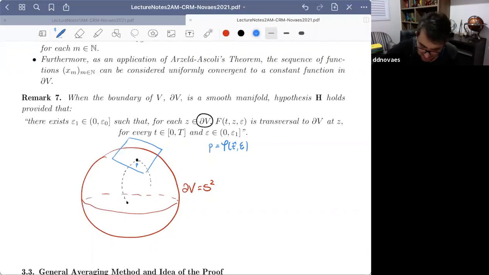At this point, if we compute the tangent vector of this trajectory, it belongs to this tangent space.